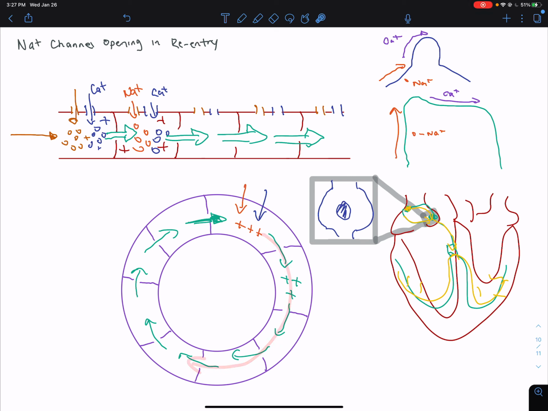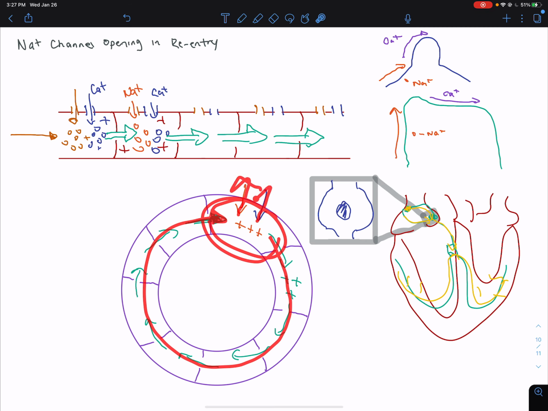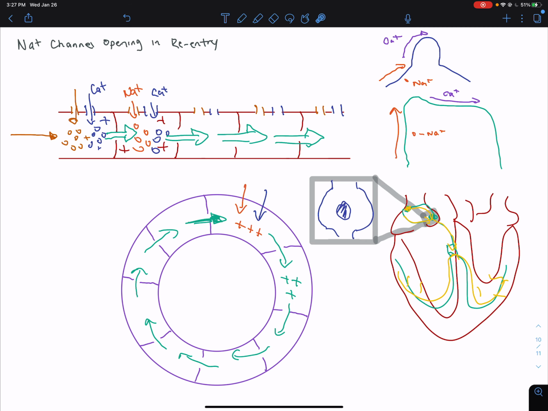So that's what we see happening in our refractory period and repolarization. And if this impulse comes around and gets back to this tissue, by the time we've had repolarization of this tissue, or the pumps have pushed sodium and calcium back out to where they should be, we can reactivate this pathway again, and it can happen all over again.